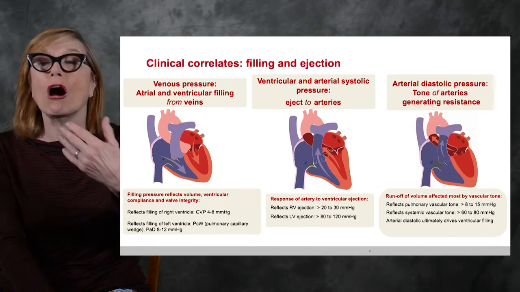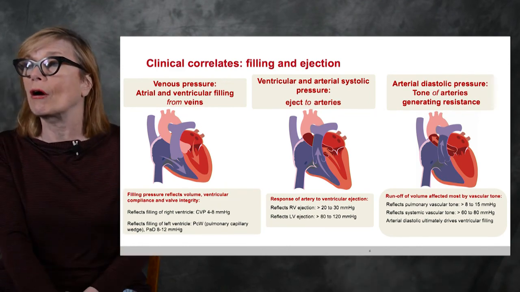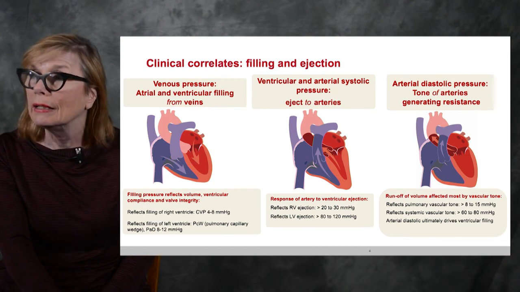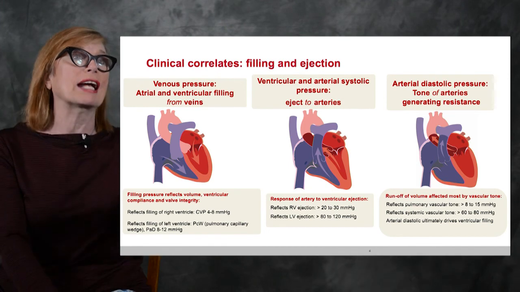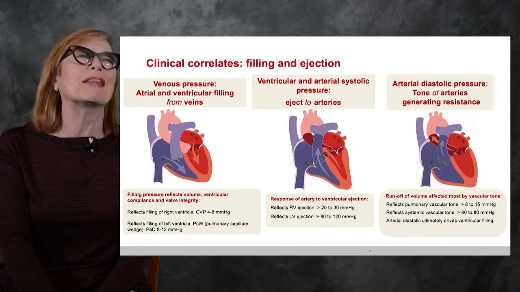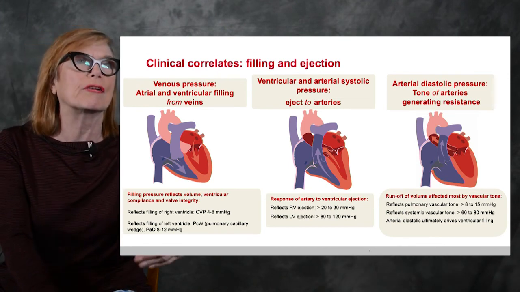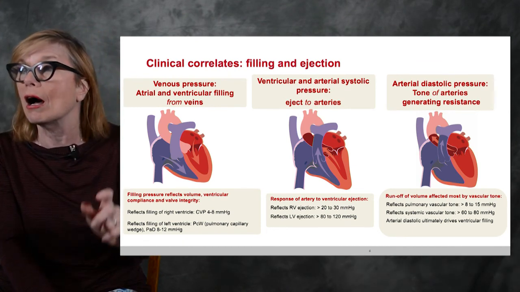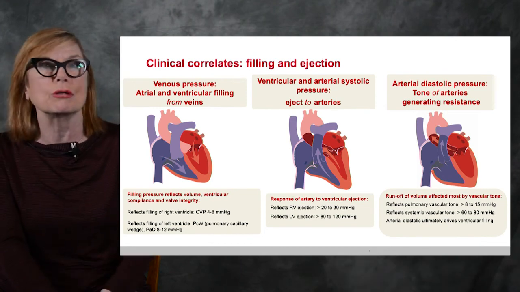So we look at RV ejection into the pulmonary artery and reflecting that in the PA systolic. And we look at the LV ejecting into the systemic artery, and we look at that as systemic arterial systolic, both of which are a reflection of the ventricles that eject into those arteries.